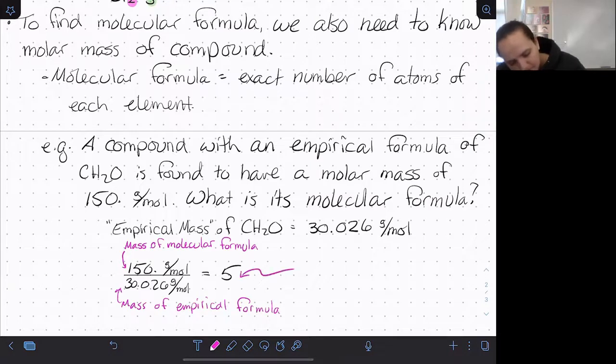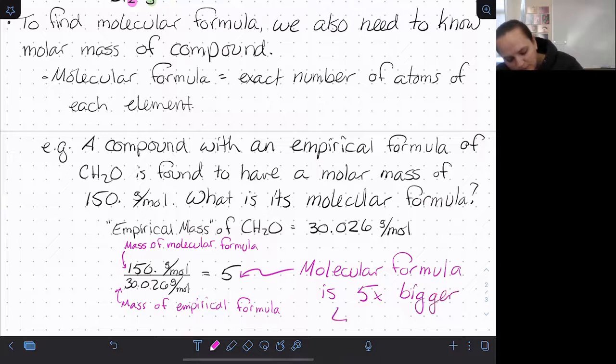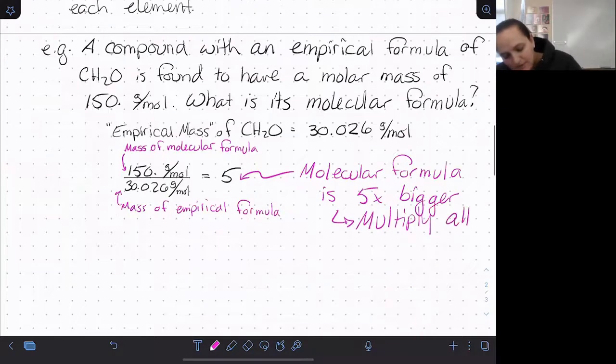And what that tells us is that the molecular formula is 5 times bigger. So what we are going to do is multiply all of these subscripts by 5.